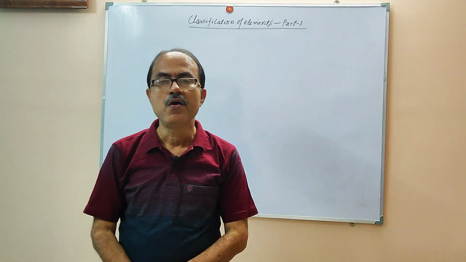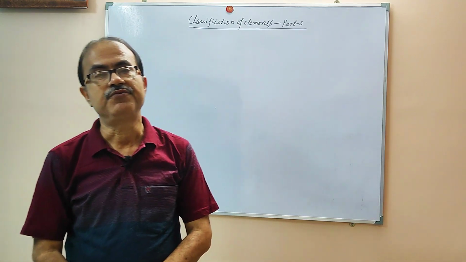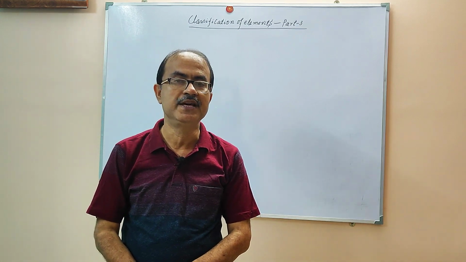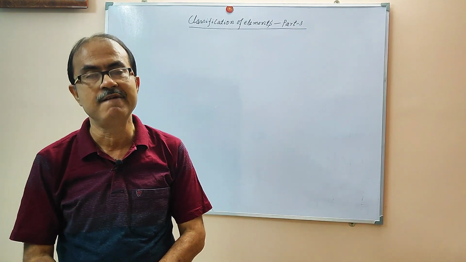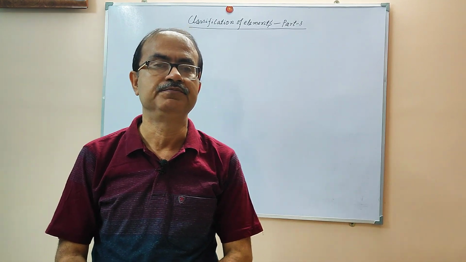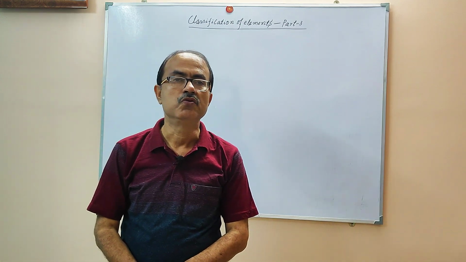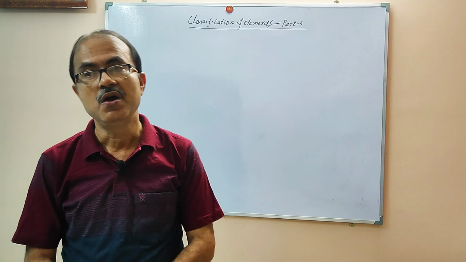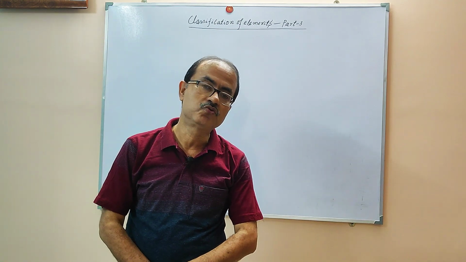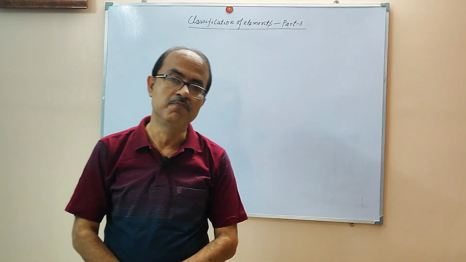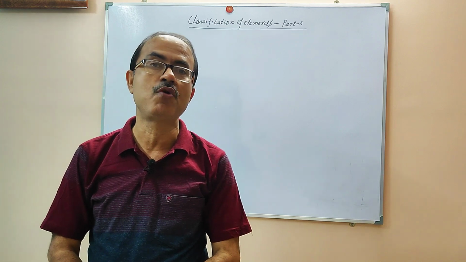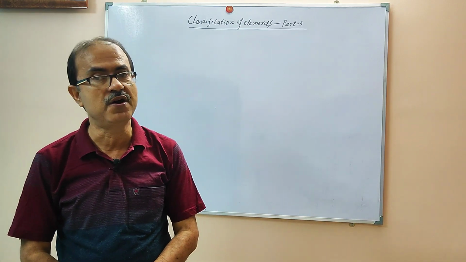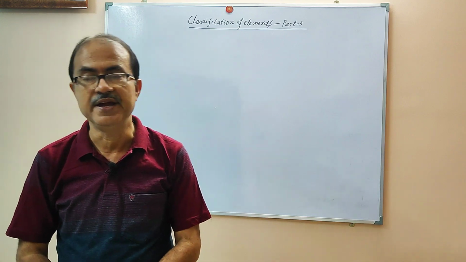What he found was, when he plotted the frequency of the X-ray emitted by the element against its atomic number, it gave a straight line plot. Whereas when he plotted the atomic mass against the square root of the frequency, it did not give such a straight line.